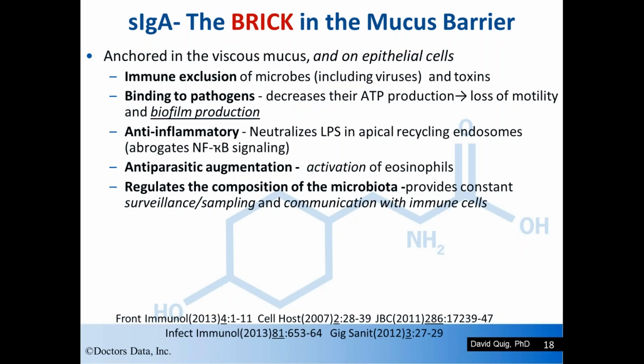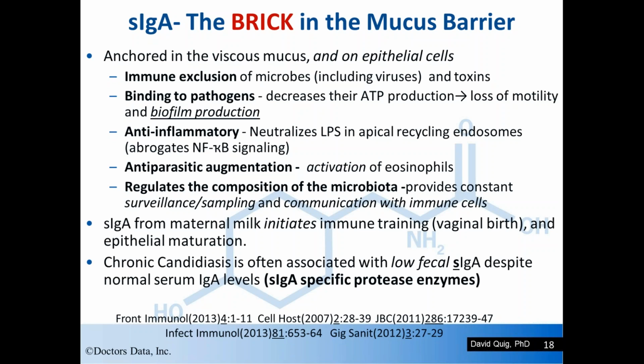It also augments antiparasitic activity via activation of eosinophils, and it regulates the composition of the microbiota just like the dendritic cells, in that it provides constant surveillance, sampling, and communication with the underlying immune cells.